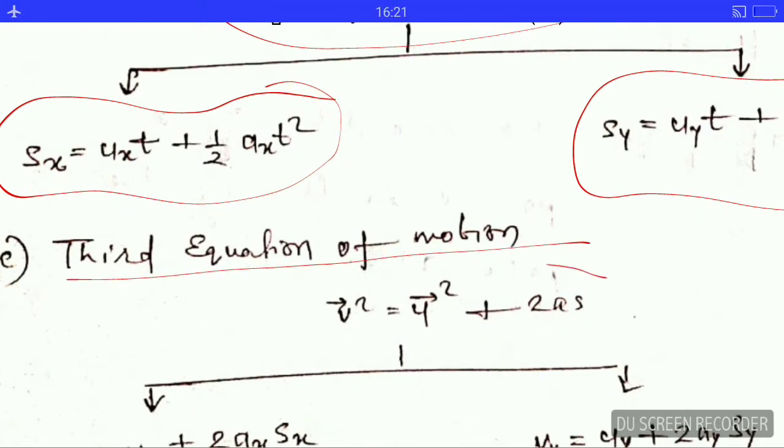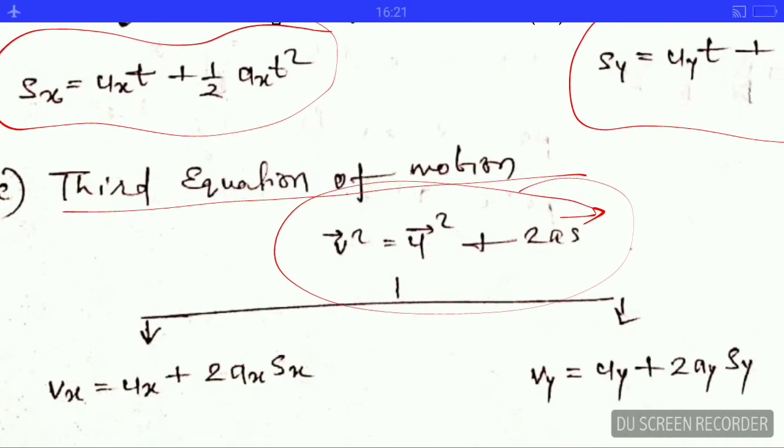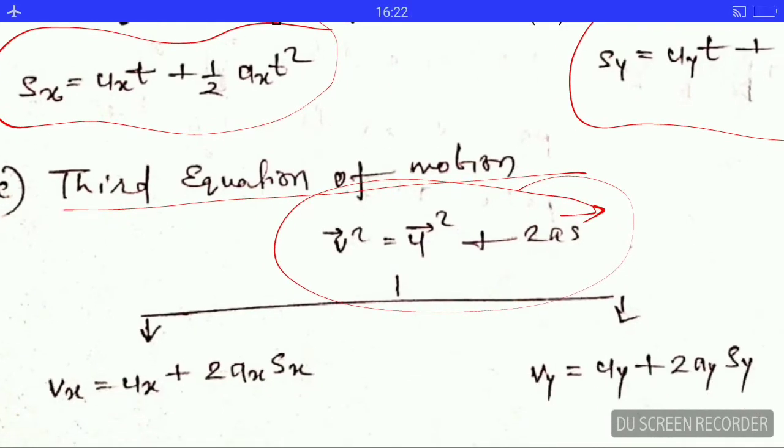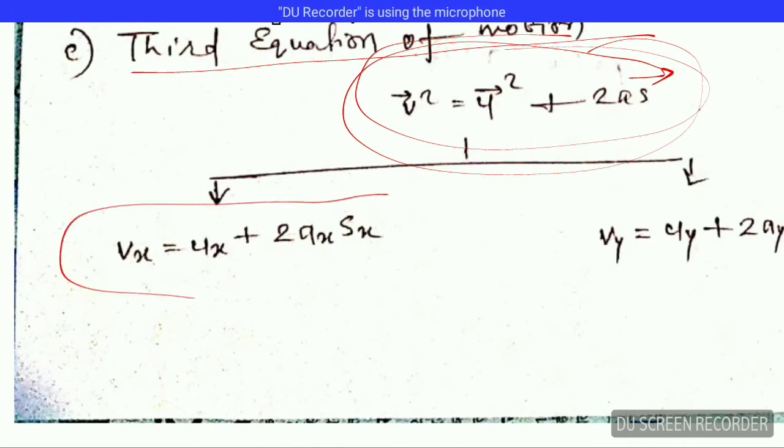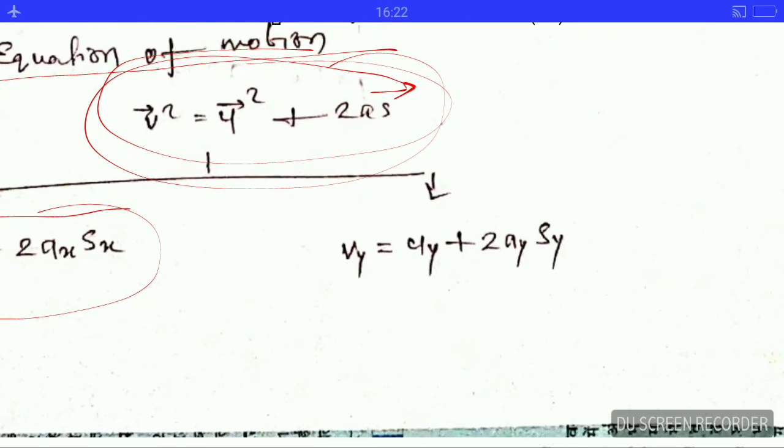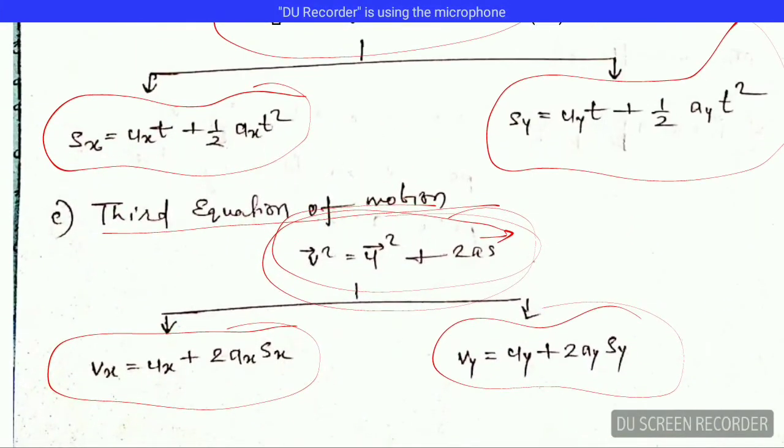The third equation of motion is here. And in the x and y components, if I want to write this equation, then it will become like this in the x direction, and like this in the y direction. Okay, so this is how our three equations of motion in x and y directions are written.